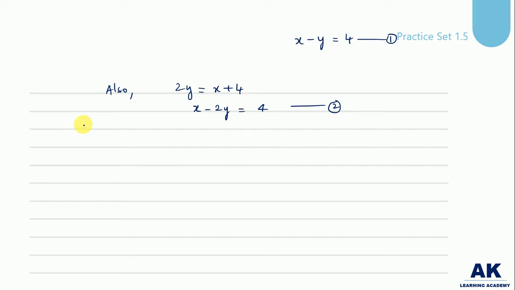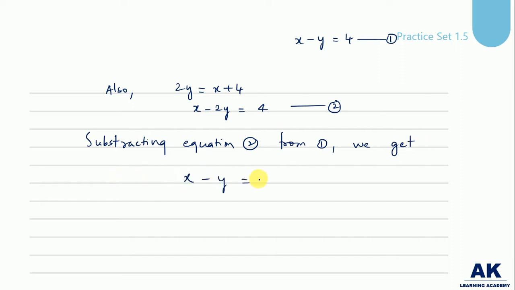Let's subtract equation 2 from 1. We get x minus y is equal to 4, and x minus 2y is equal to minus 4.